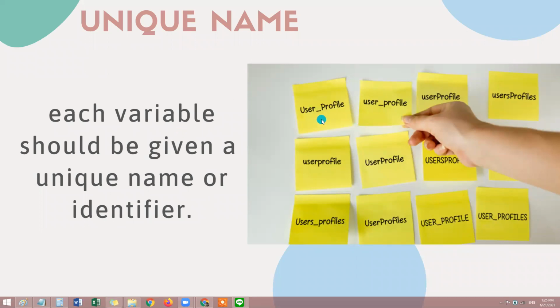So they are not the same, although they look the same, because of the capital letters. That means it depends on how you name your variable. So whatever you use when you declare it in the beginning is what you will keep on using until the end of your algorithm or flowchart.